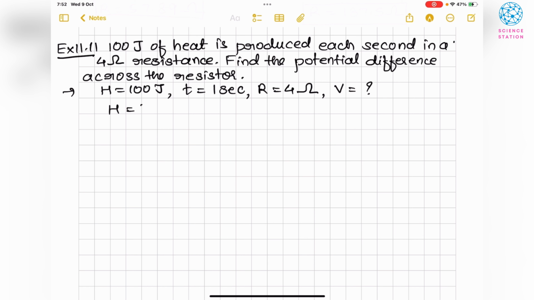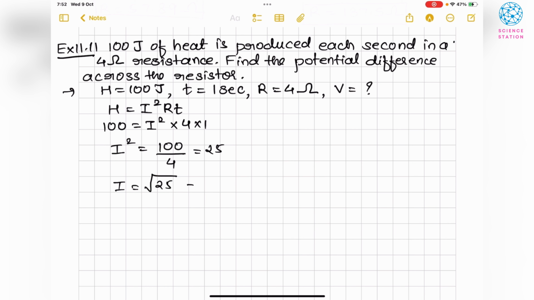I know that H equal to I square RT. So 100 equal to I square into 4 into 1. So I square will be 100 upon 4, that is 25. So I will be square root of 25, that is 5 ampere.